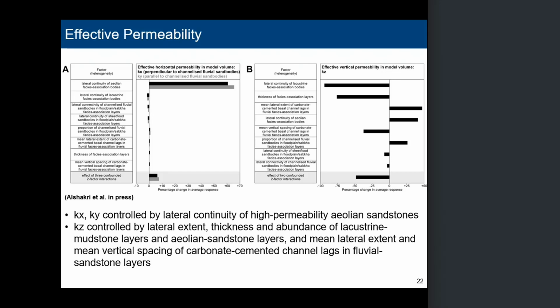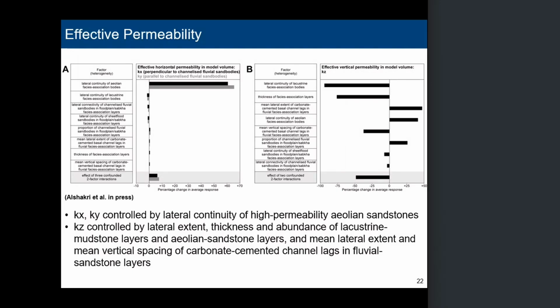If you look at the vertical permeability, other things come into play. Here we have the extent of those crystalline mudstones. No surprise there if you have a laterally continuous impermeable layer versus something which is less continuous. The thickness of those layers matters too: with thin layers there are many more of them, so if you have more of those mudstone layers, they have a bigger impact.